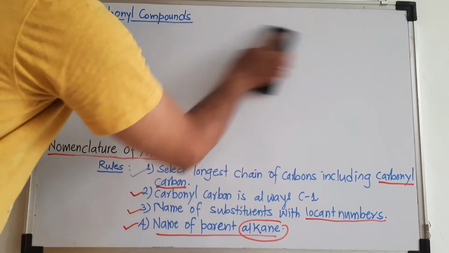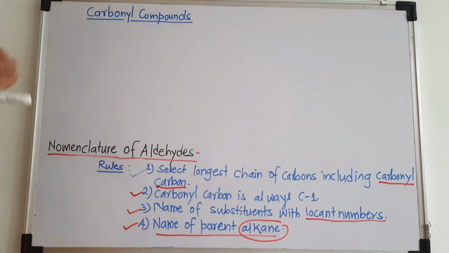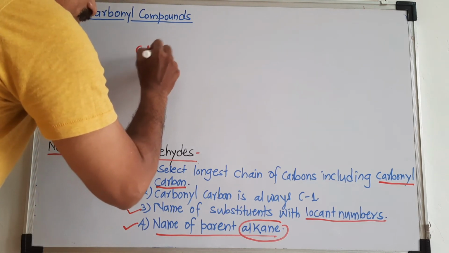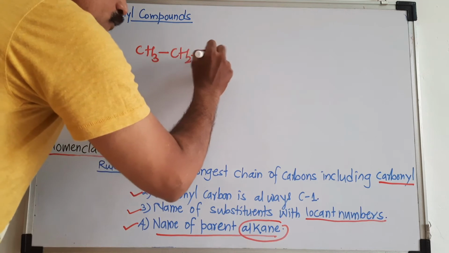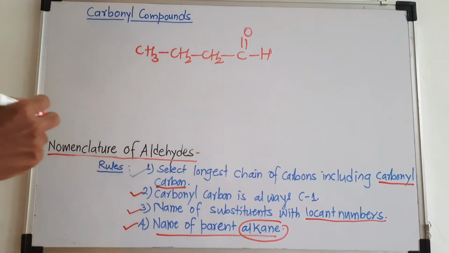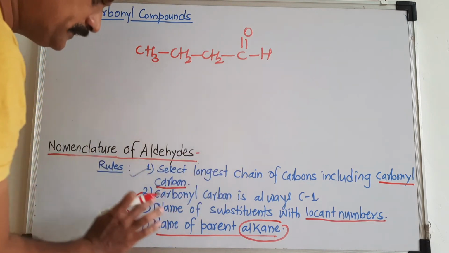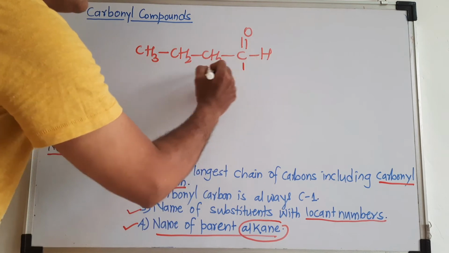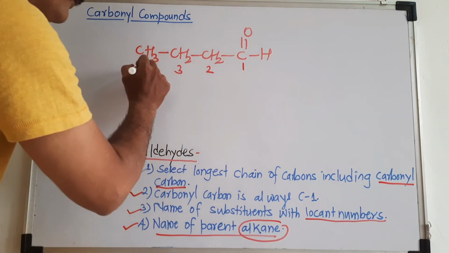Let us take a few examples to find out the IUPAC name of an aldehyde. So I am writing here CH3, CH2, CH2, C double bond O and H. There is no substituent, but as per these rules, you have to start numbering from here: 2, 3 and 4.